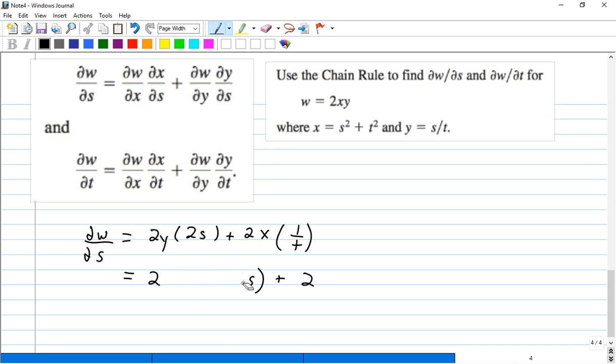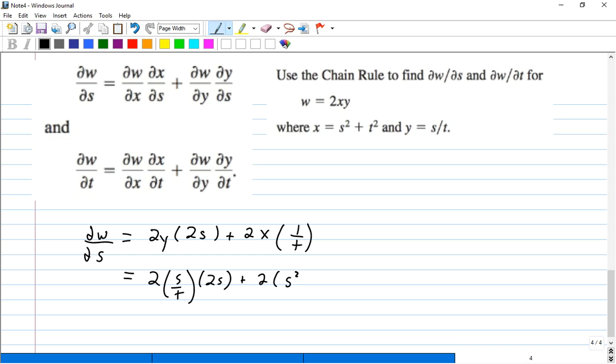I apologize. So I need to plug in the y, not the x first, because this is a y, not an x. So that's s over t, and then bring this down, so that's 2s. So plus 2, now here's where I plug in my x, times 1 over t.